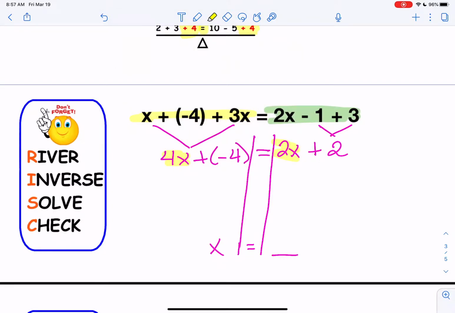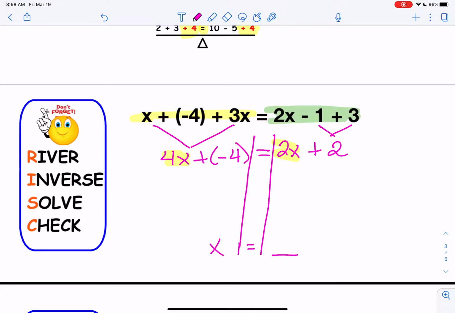We're going to have to get it so that x is only on one side. Now, x is a variable, yes, but it is also a number. We don't know what the number is, but we know that it's a number. And as such, we can treat x like a regular number. We can treat it like we would with the -4 or the positive 2.